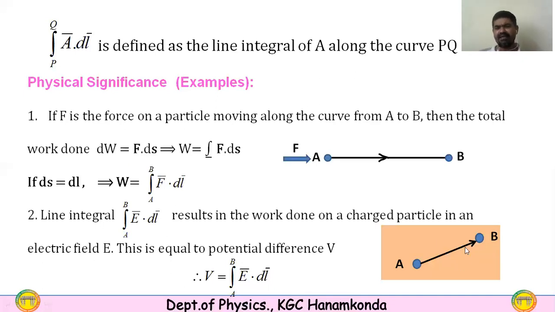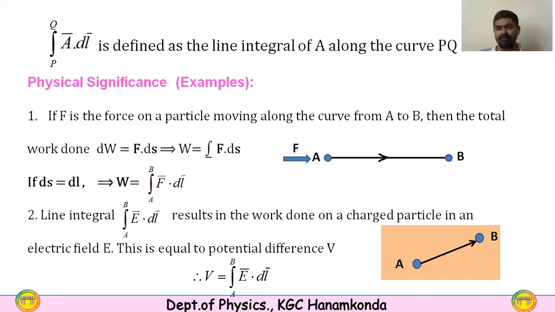Next, take an electric field, here electric field E bar. We know the electric potential. The work done in bringing a unit positive test charge from infinite distance to a fixed point in the field is called electric potential.